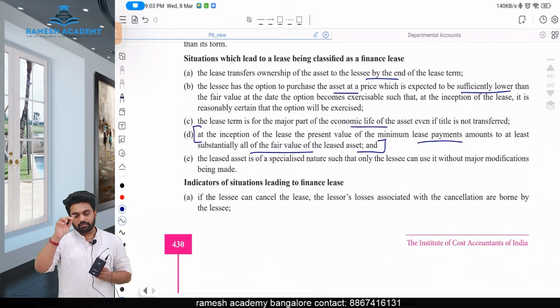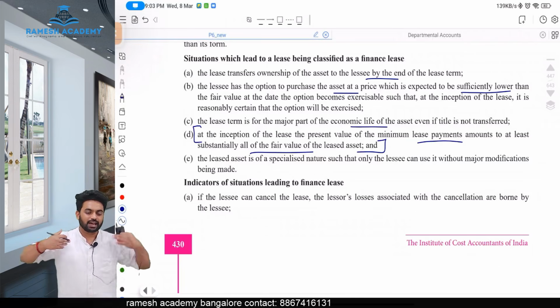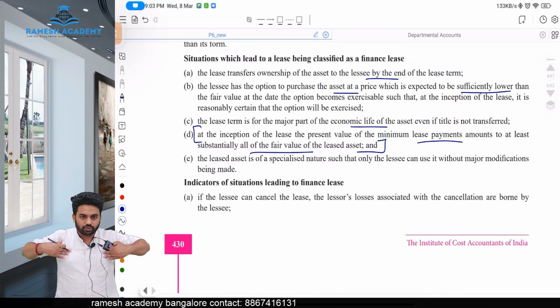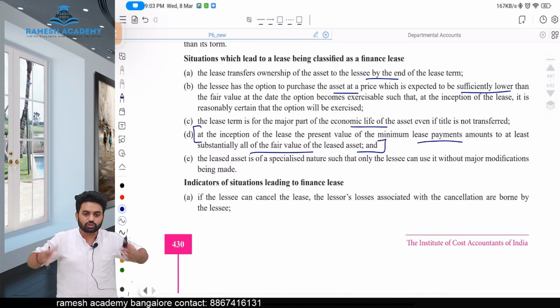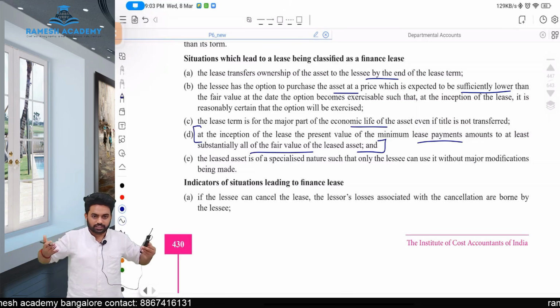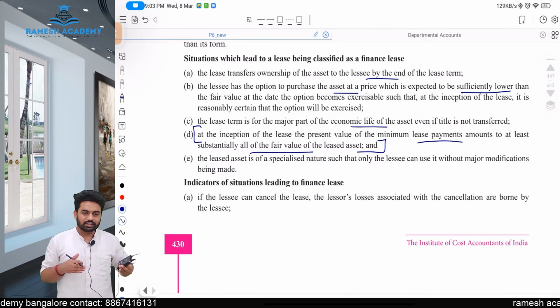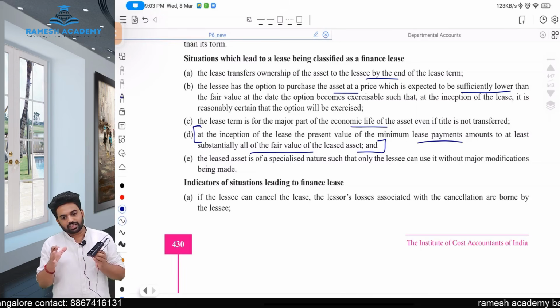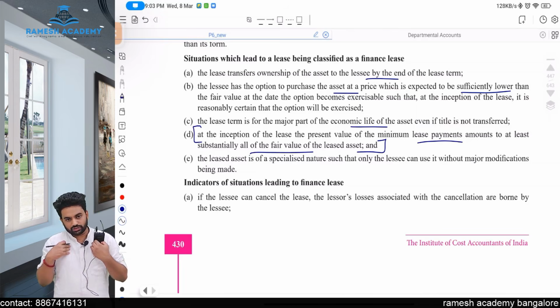For example, MLP divided by fair value, if you get 80% plus, I am generally telling it, it's my point of view. Substantial decision is left to you. I usually say okay, 80% boss. If it is more than 80%, then I will say it is a finance lease, because almost 80% of the value of the asset I am going to use.